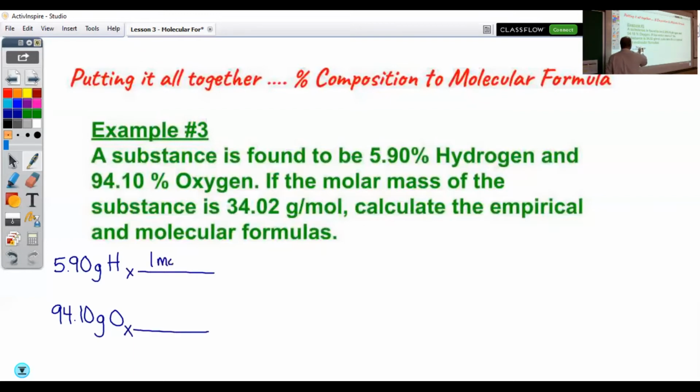So 1 mole of hydrogen is 1.01 grams of hydrogen. 1 mole of oxygen, we have 16.00 grams of oxygen. Notice our unit, grams of hydrogen and grams of oxygen, is going to drop out.